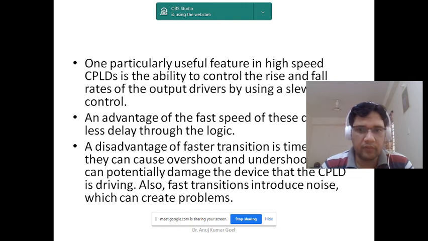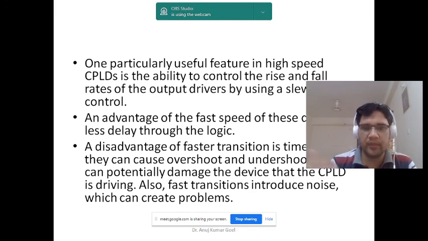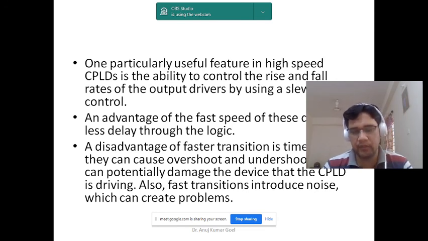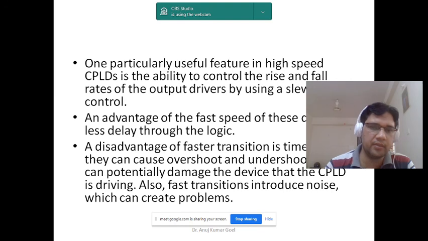A disadvantage of faster transition times is that they can cause overshoot or undershoot, which can potentially damage the device that the CPLD is driving. Also, fast transitions introduce noise, which can create problems. The noise problem depends on the second interface device, because a CPLD cannot work individually; it works in a system with other devices.